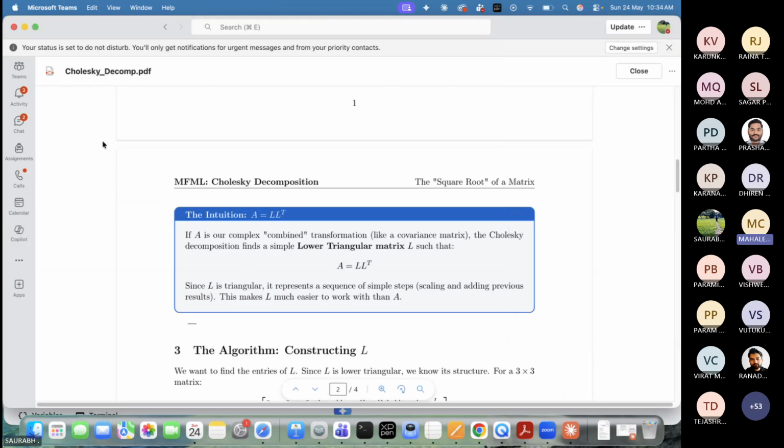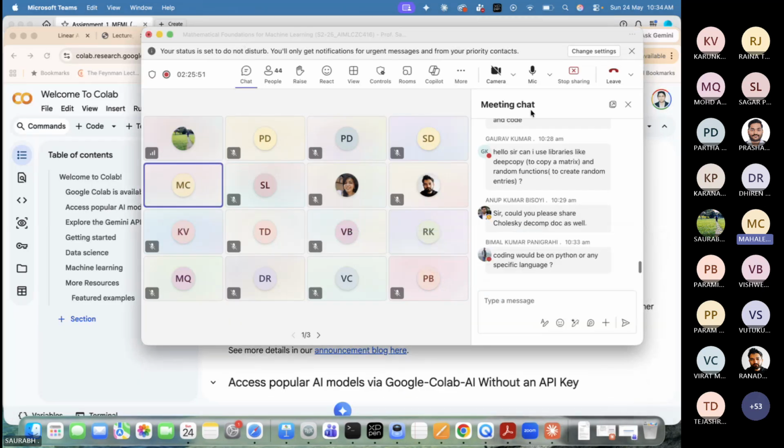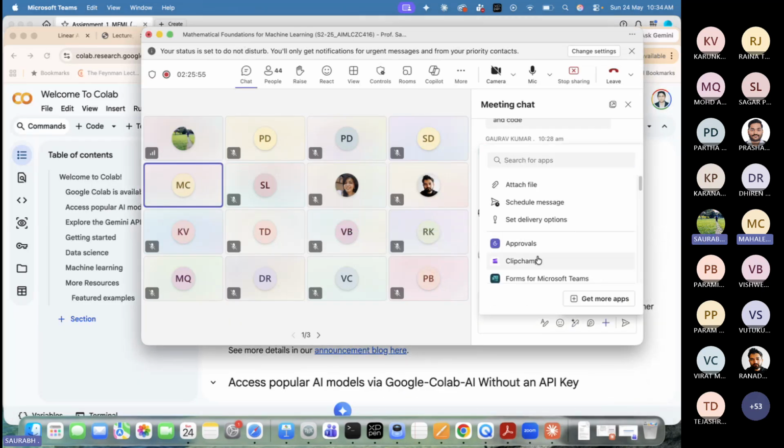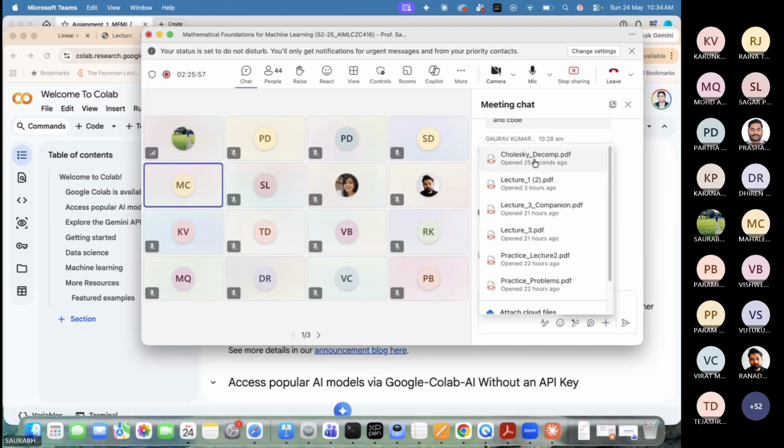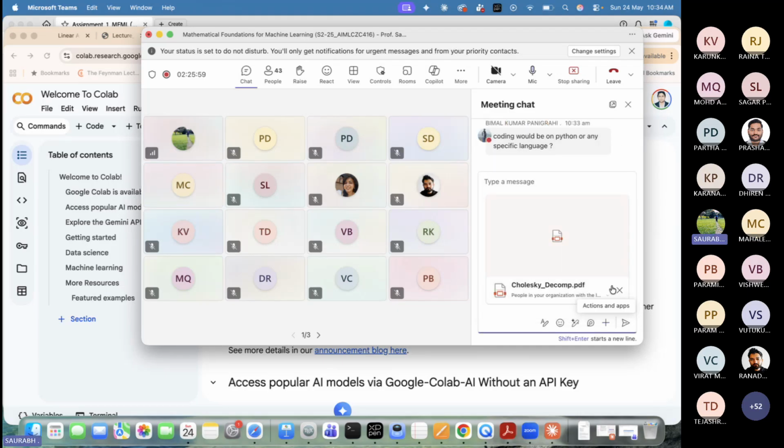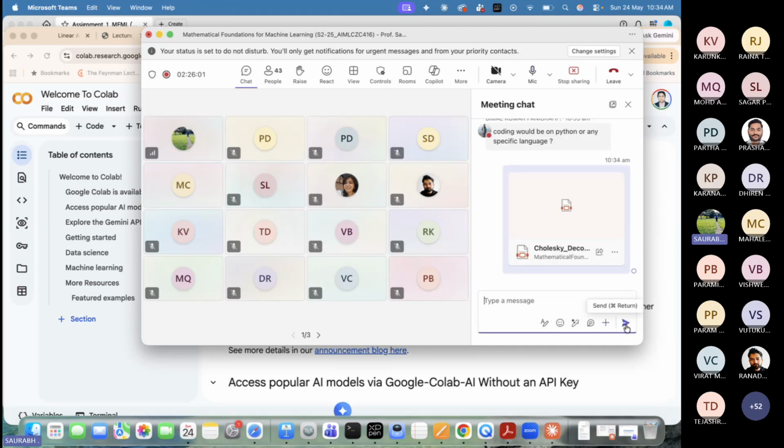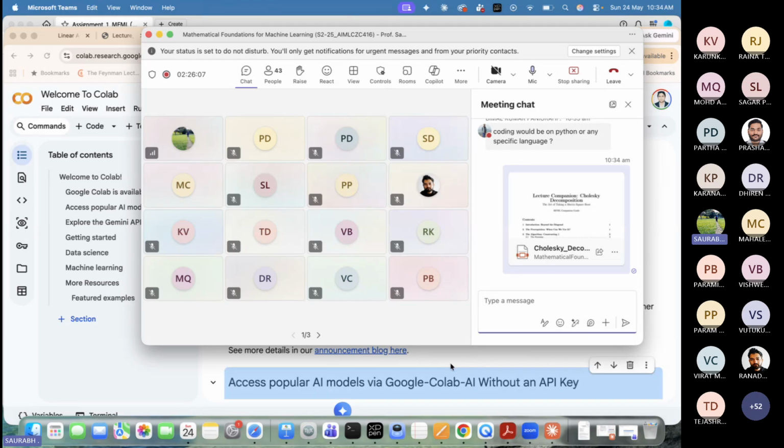Sir, every question we have to code, right? It's not like only one or two questions we have to code and the remaining will be handwritten. Yes, you will have to code, but not every question. Part question 1C and question 1D are all based on what you have coded in the previous parts.